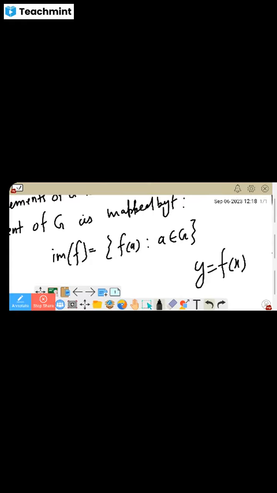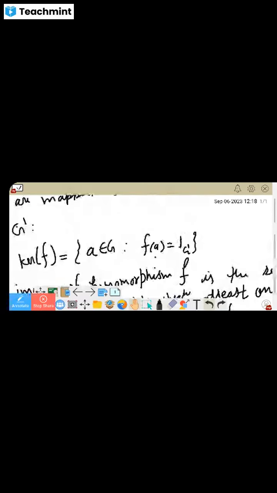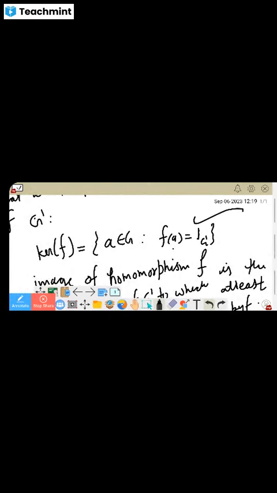So we are taking values which belong to G, and the result is the image. In the image we can take any elements which are mapped with elements of the codomain G dash, but in the kernel we take only those elements which are mapped with the identity element, not with any.